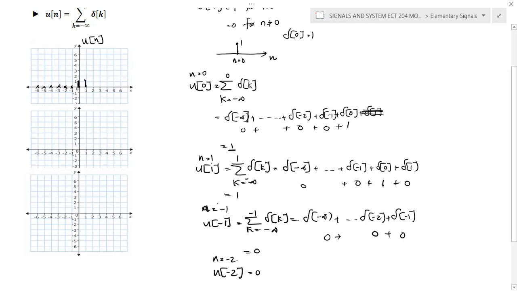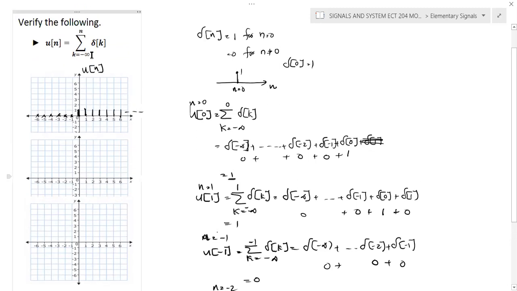And similarly, when you take any positive value for n, 1, 2, 3, etc., you will get only one non-zero magnitude, that is del of 0, and all other values are 0. So when you calculate for 2, again 3, 4, 5, you will get 1, 1, 1, etc. Which is equivalent to your step signal. So by using this graphical method, you can verify this particular stuff.